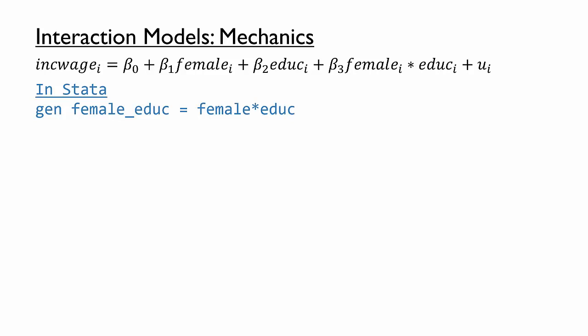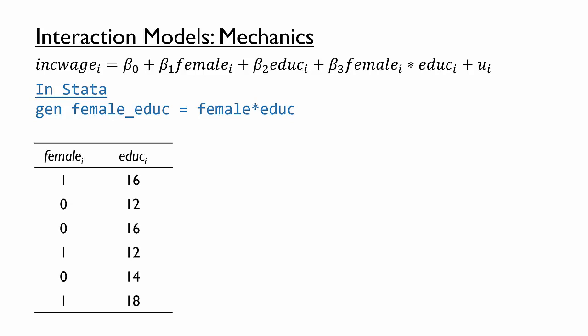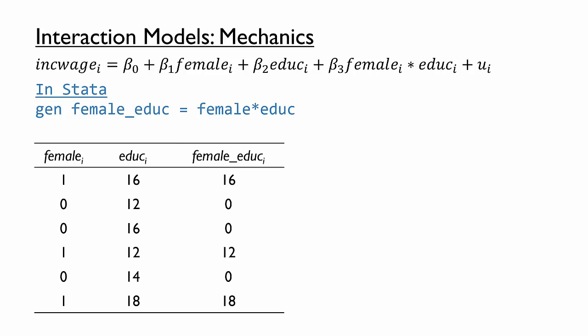When we think about these two variables, it may seem strange to multiply them together, but that's exactly what an interaction term does. Note that for any male in the dataset, the zero value of the female variable means that the interaction term is equal to 0 regardless of the level of education. With a new variable created, we can then estimate the model.